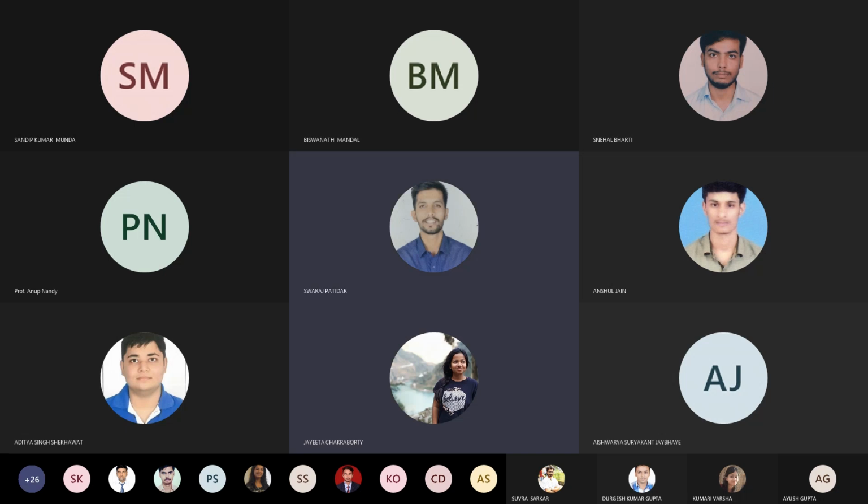So ma'am, how will we check? After all, we are calculating the minimum distance, no? Yes, that's the same. You already have the test images with you. Instead of those test images, you can take the images from those two folders. In this process we are taking the minimum distance, right?